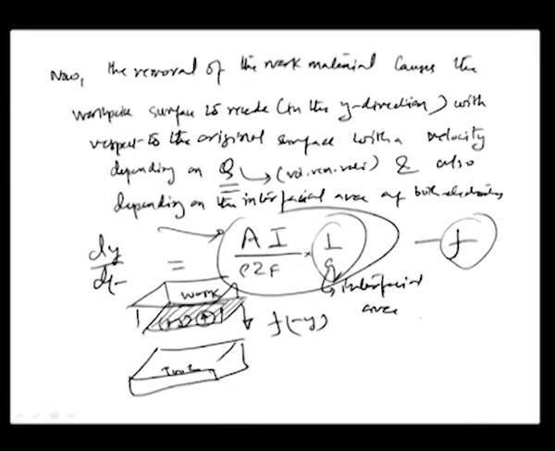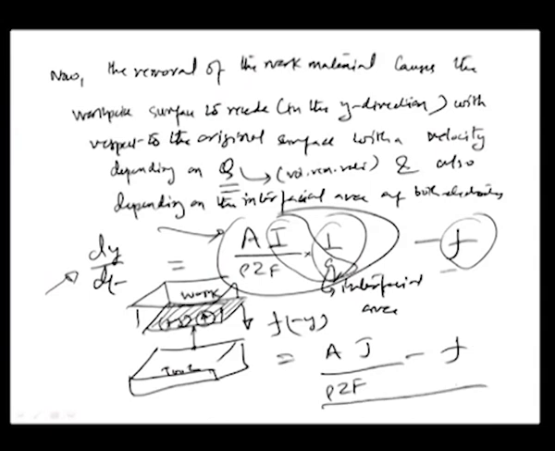This minus the feed is the total change of y with respect to time, dy by dt. So, I by q is the current density j. So, A j by rho ZF minus f is how this formulation will look.